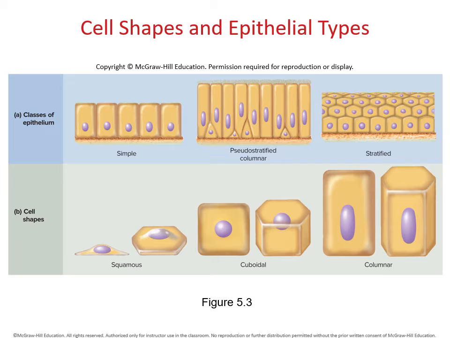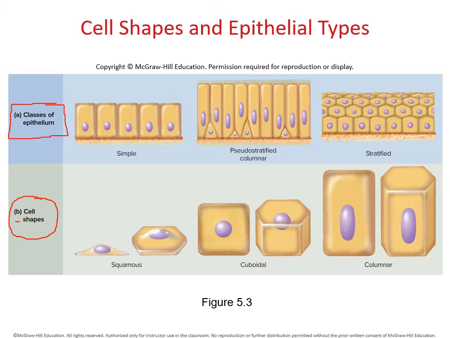Now, how exactly do we go about naming epithelium tissue? When you look at the names, they tell you two things: the individual shape of the cells, and how they are organized. Let's start at the bottom here under B. When it comes to the cells, we have three options.